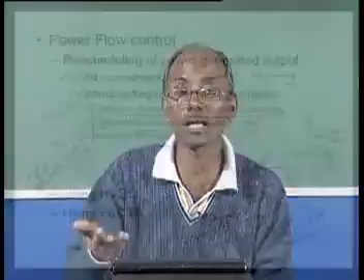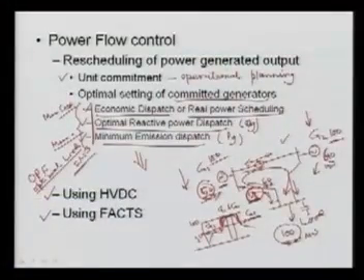So the cheaper resource is not utilized. To utilize the resources properly and efficiently, we should have some power flow control mechanism, and the options are that we use either HVDC or FACTS controllers to control the power over the line. There is another option also to control the power in the line, but that is not feasible.